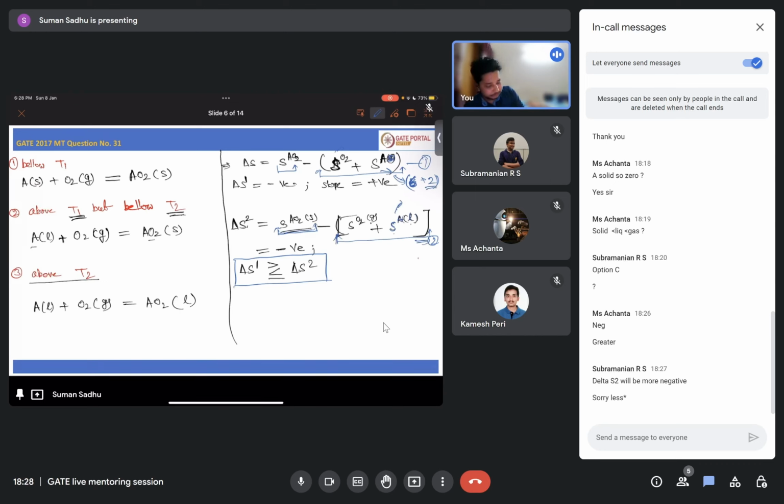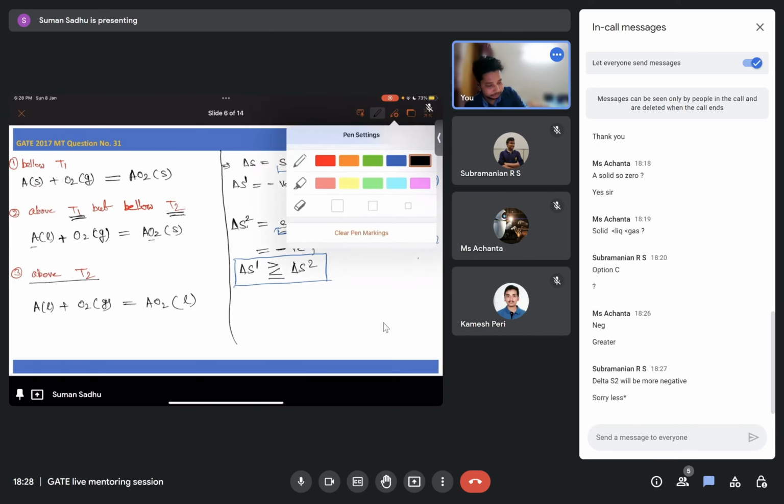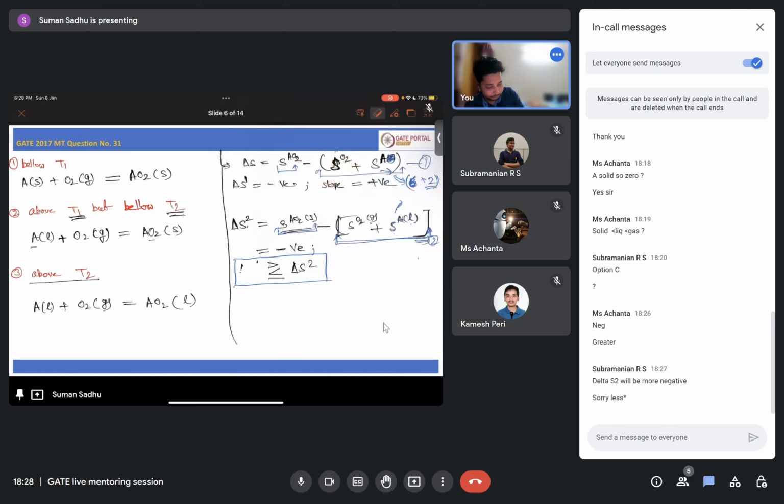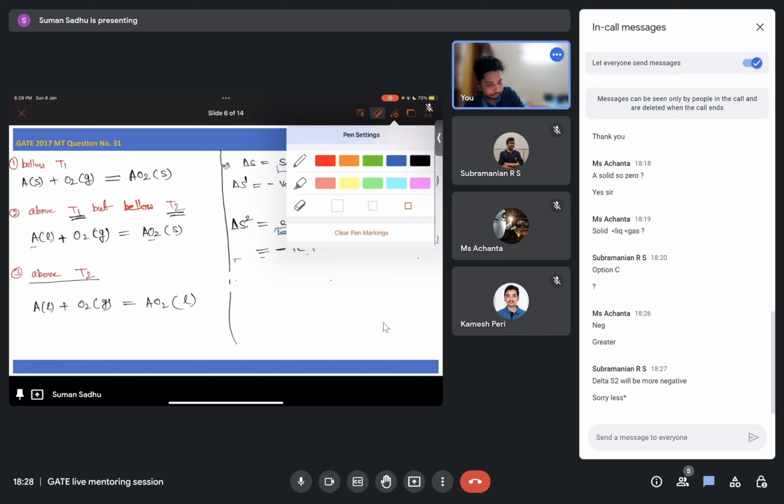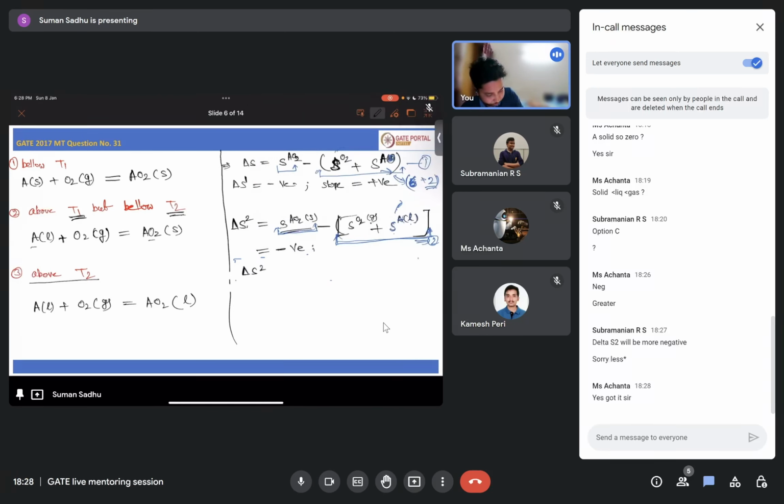So this total sum is increasing, so delta S2 will be more negative. That means your slope will be more negative, or steeper.